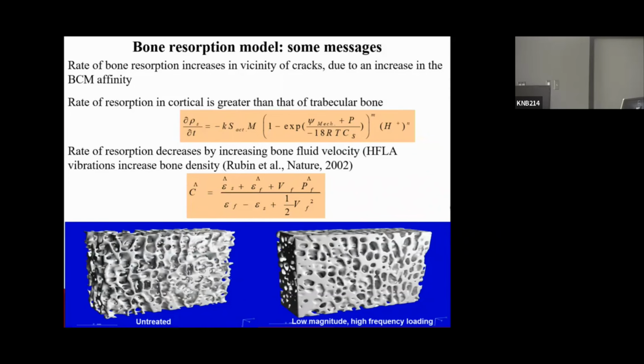So maybe, based on this, if there is a need to change the whole or internal structure, remodeling would be activated.